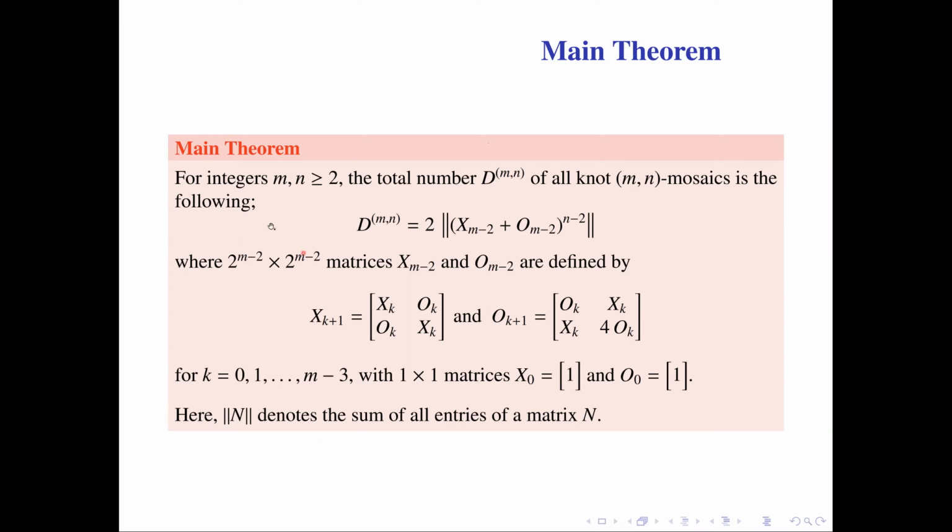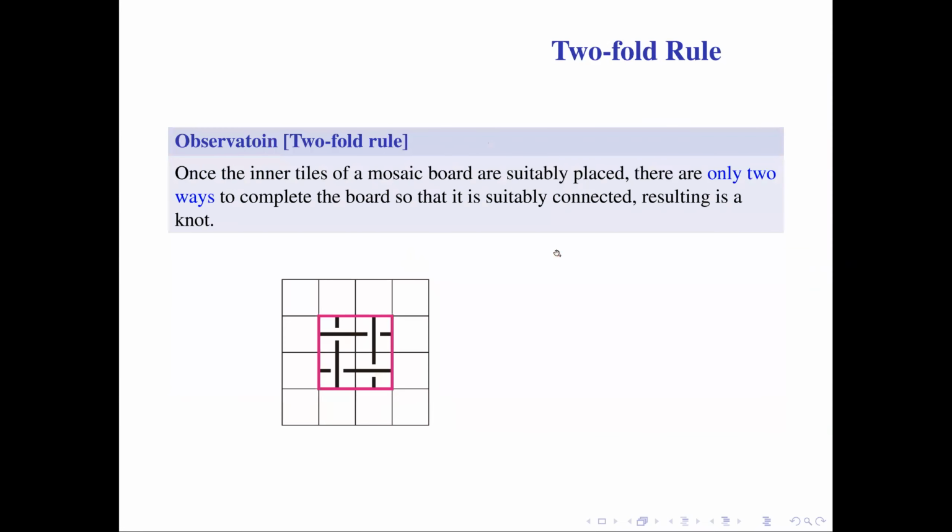To prove that, first I introduce one observation called the twofold rule. This observation says that if the inner tiles of a mosaic board are suitably placed, where inner tiles means tiles that are not boundary tiles, okay?